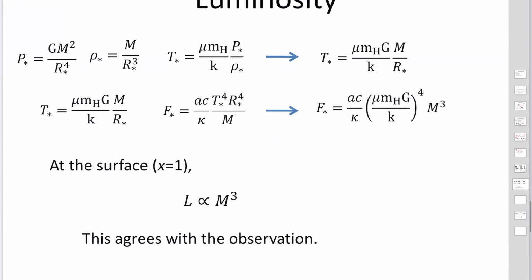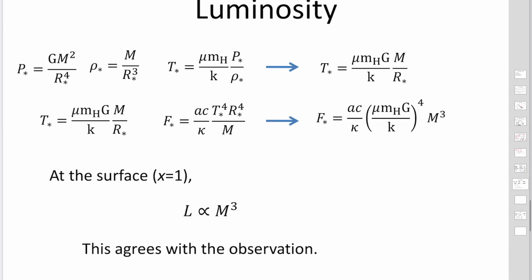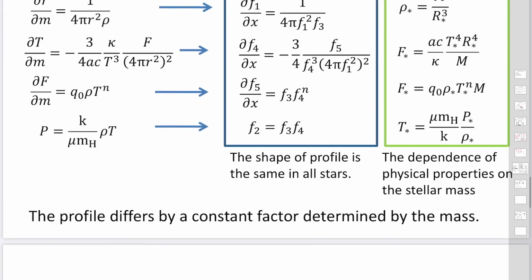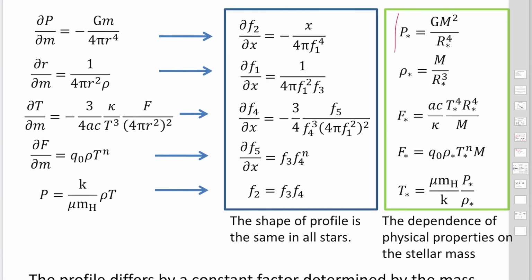Then, for example, we would like to check the luminosity. So we have an equation for the pressure, which comes from this equation.